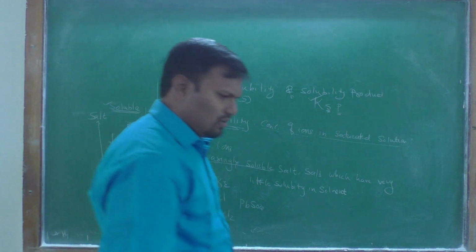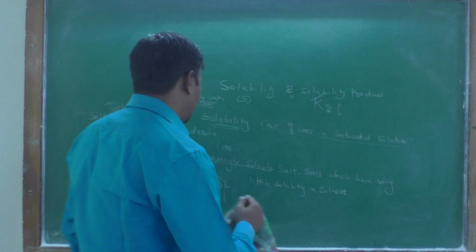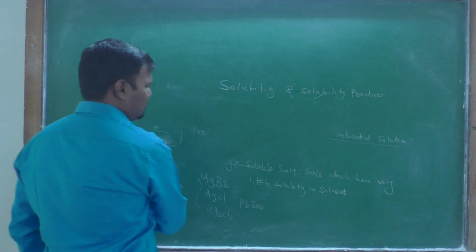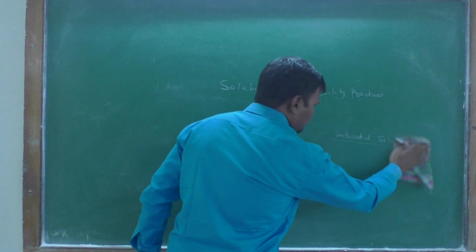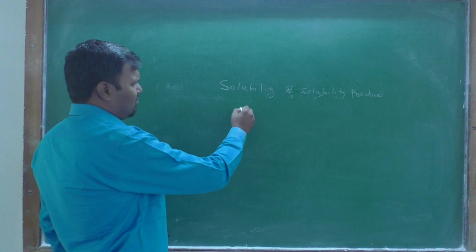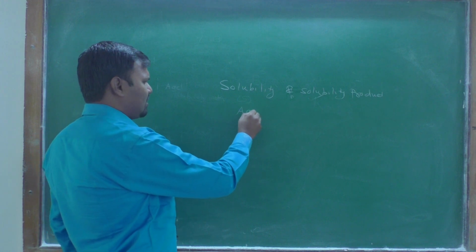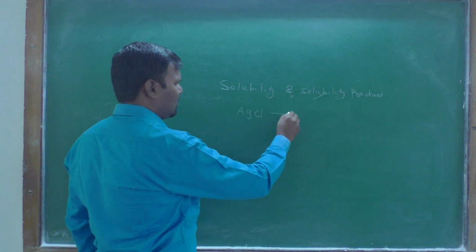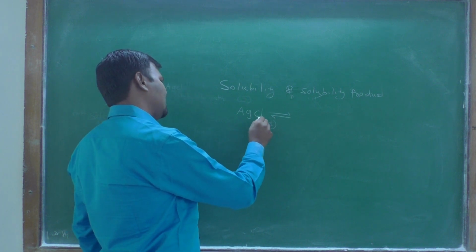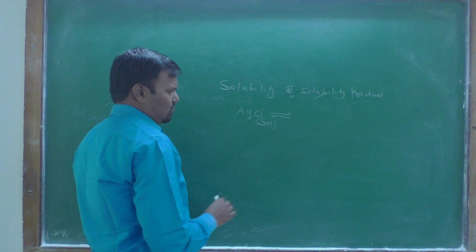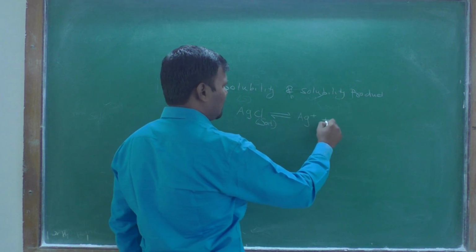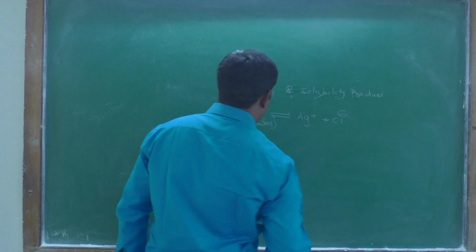Now we will discuss and find out the solubility product, which is denoted by Ksp. Suppose we have a sparingly soluble salt, AgCl. We will study Ksp in the saturated solution. At saturation, AgCl gives the Ag plus and Cl minus ions.